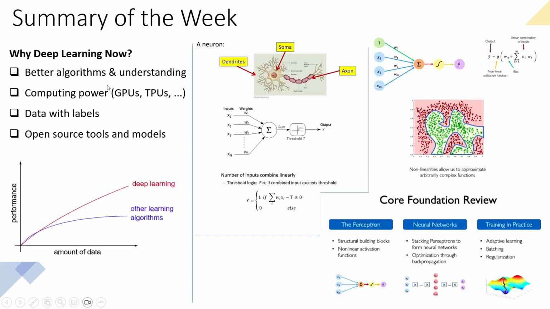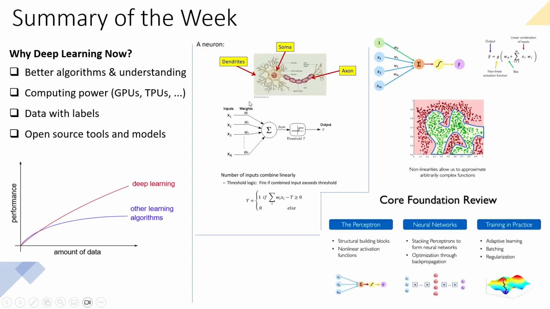We have seen why we need to use deep learning, because if we can feed the neural network with more data, we can improve the performance, which is not the case for classical machine learning algorithms. So deep learning is good. And we have seen the definition of neuron. And in biology, we saw that there is this concept soma, dendrites, and axon.